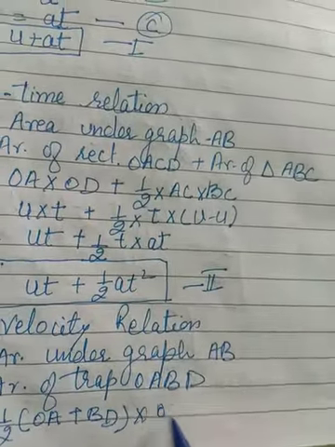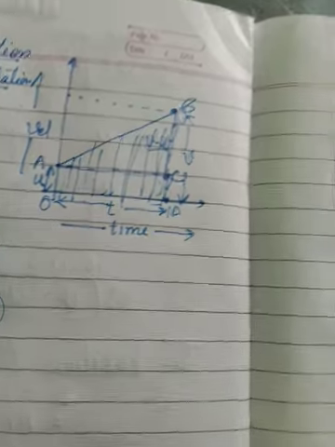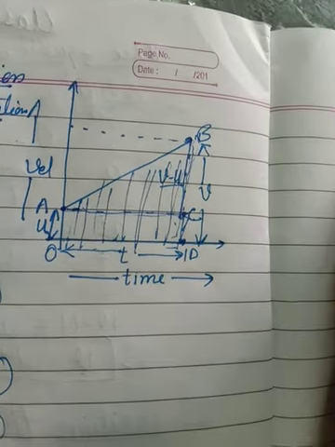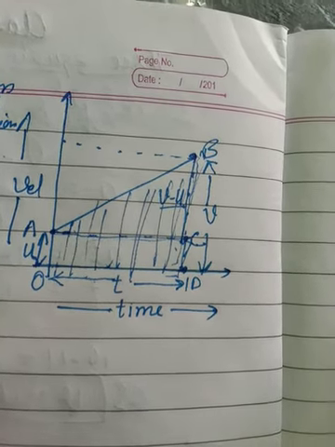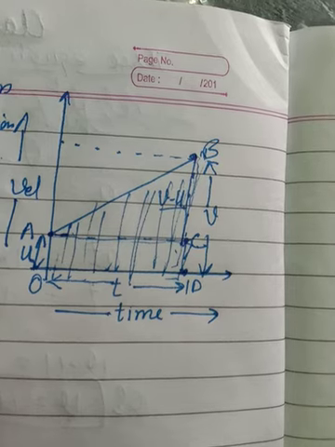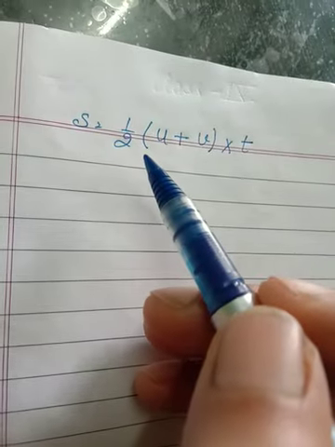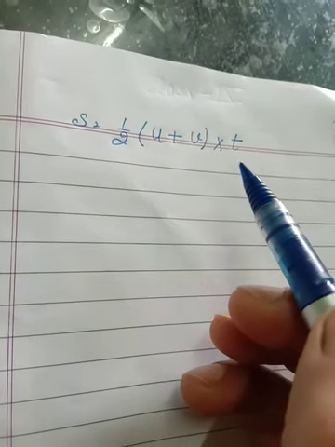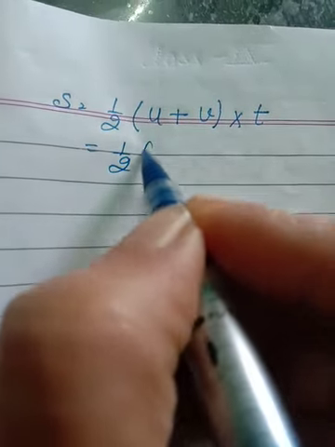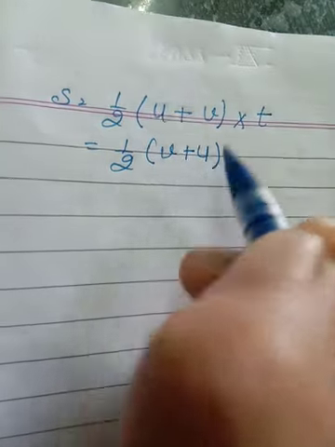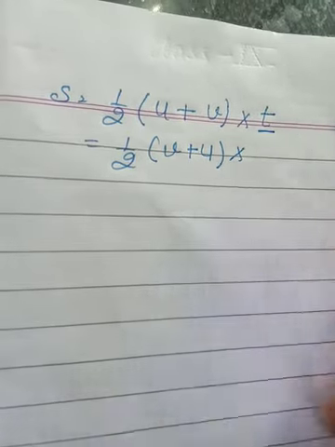Now we will put the values: OA is equal to U, BD is V, and OD is T. So S equals half into U plus V into T, or we can also write it as half into V plus U into T, and this time we will omit this T.